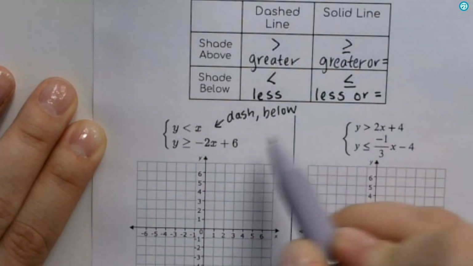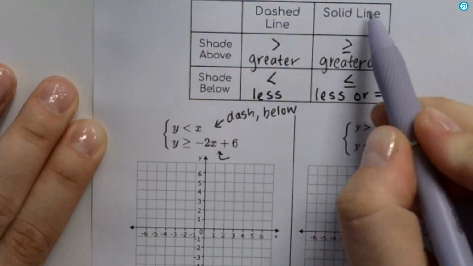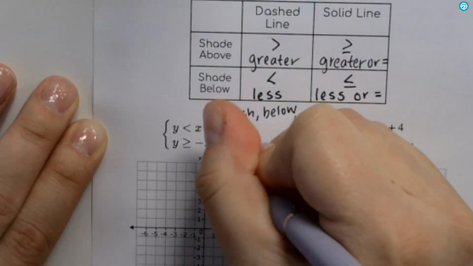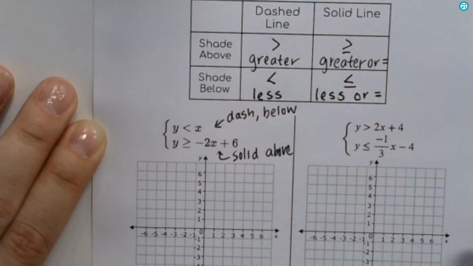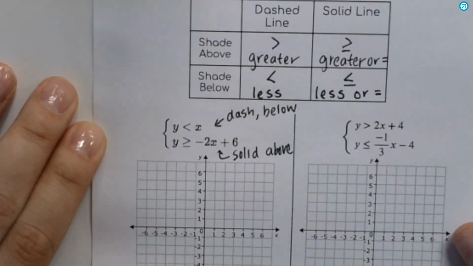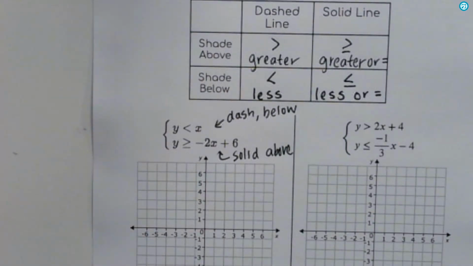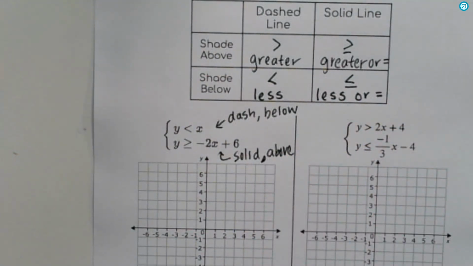And then for the second one, greater than or equal to, that is a solid above. Okay. Any questions about finding that? Just like what we did in 2.8.